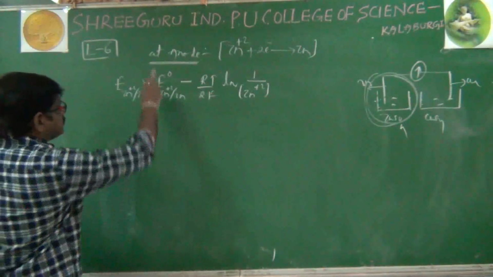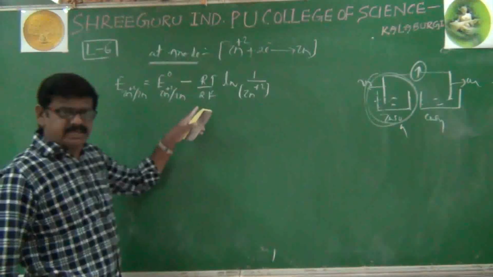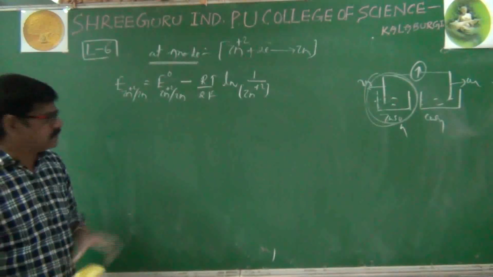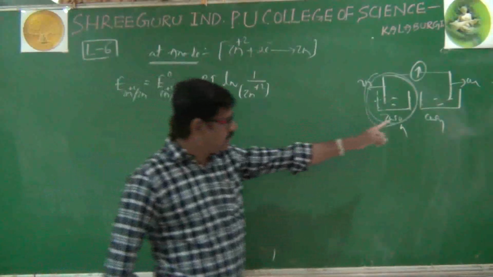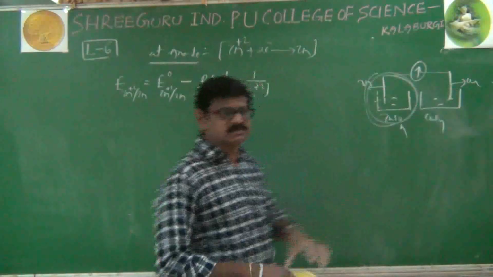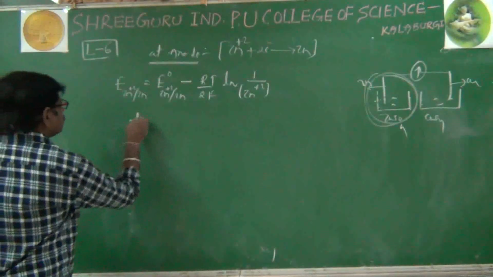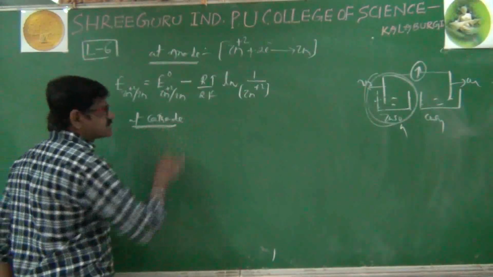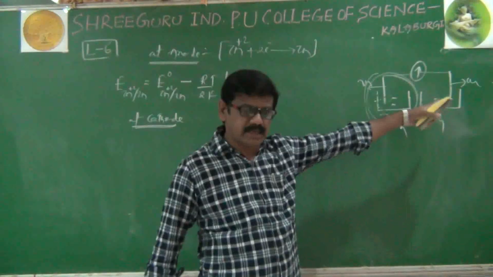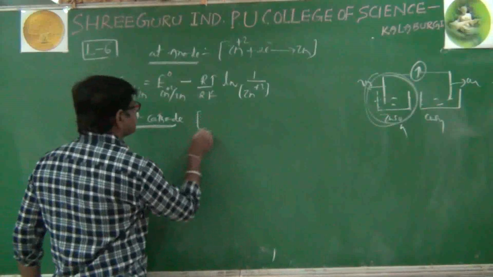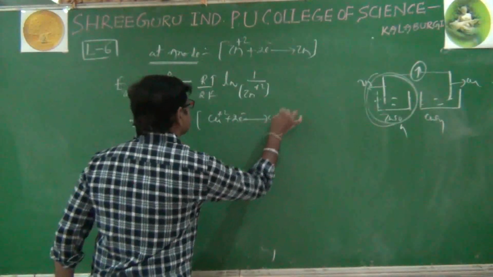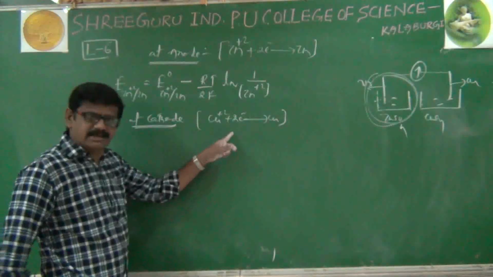Now this is the Nernst equation for a single electrode at the anode. Exactly the same Nernst equation will apply to the cathode also. Therefore at the cathode, the cathode is copper. Here also I will write the equation Cu2+ plus 2 electrons gives Cu. Again I have written the reduction reaction.